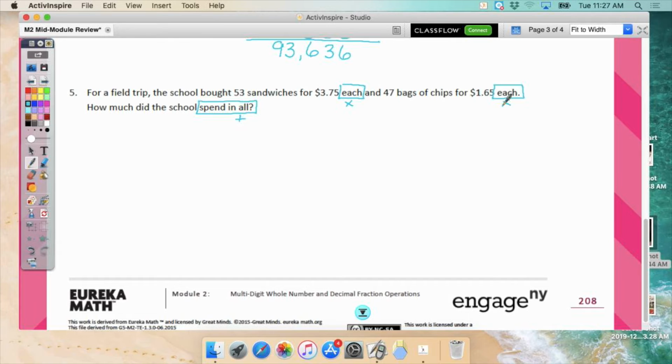Multiply it. Take it times 53. And that would be easier than scanning all 53, wouldn't it? And then she could maybe count all 53. So the sandwiches are going to be $3.75 each. Go ahead and write that down, and we're going to take it times 53. Now, don't start multiplying yet.